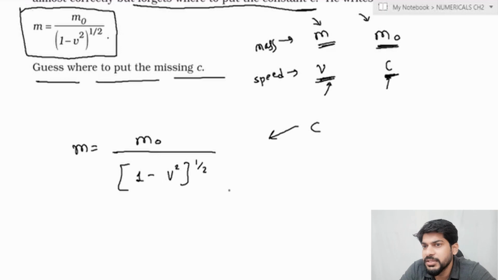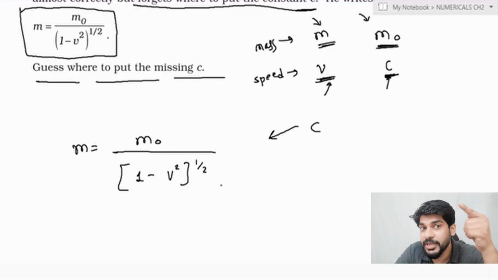So what we can do is use dimensional analysis. If we use dimensional analysis, we can get the position for this c. We can find out where to put this c using dimensional analysis.